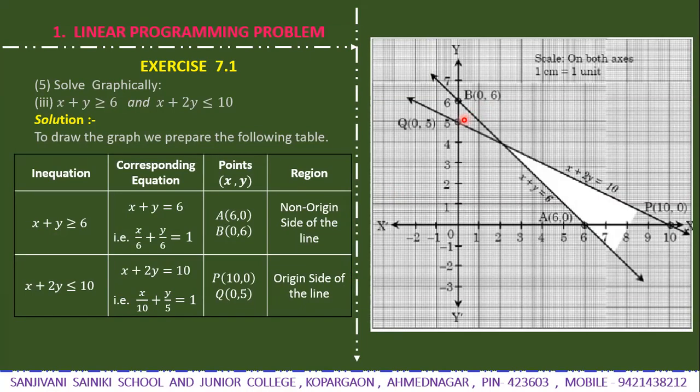Initially, when you plot a single line, give its name immediately after plotting, so that afterwards there will not be confusion about which line is this and which equation represents which line. Whenever you plot the line, at that time only give its equation to that particular line.